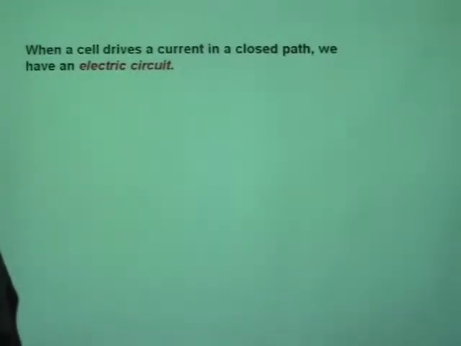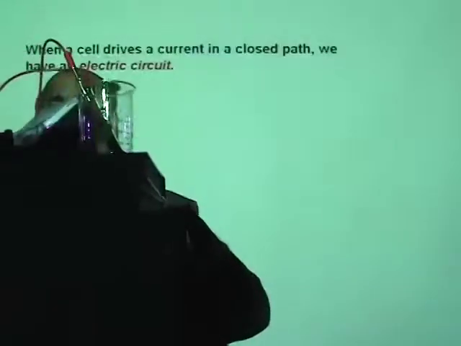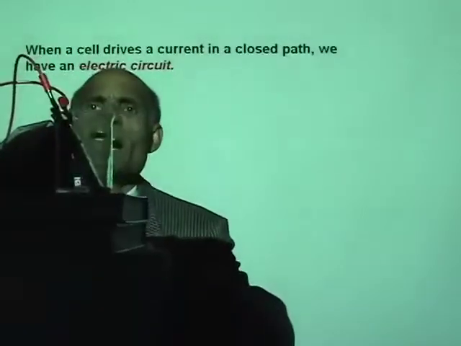Now let me show that one more time to you. If I can lift this and bring it over. I don't want to spill the acid. Now here you have the electrodes.